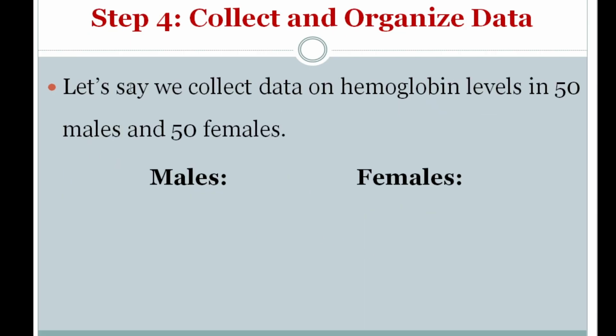Now coming toward the fourth step. Fourth step is collect and organize data. For example, in our case, we are comparing the mean hemoglobin level of 50 male and 50 females. So in that case, the data will be like N1 will be 50, and similarly N2 will also be 50, male and 50 female.